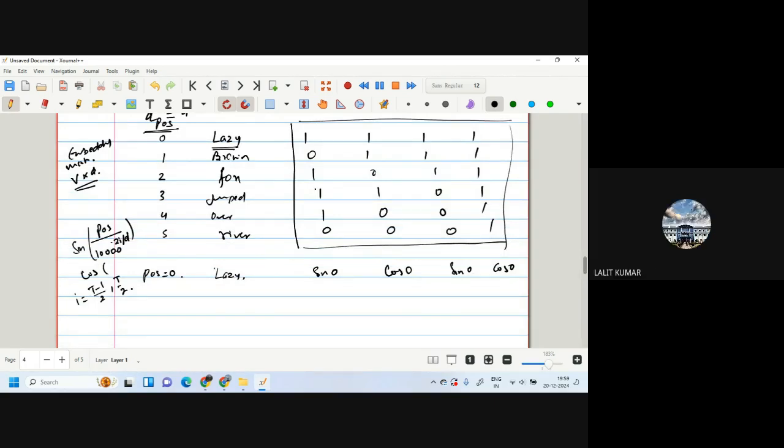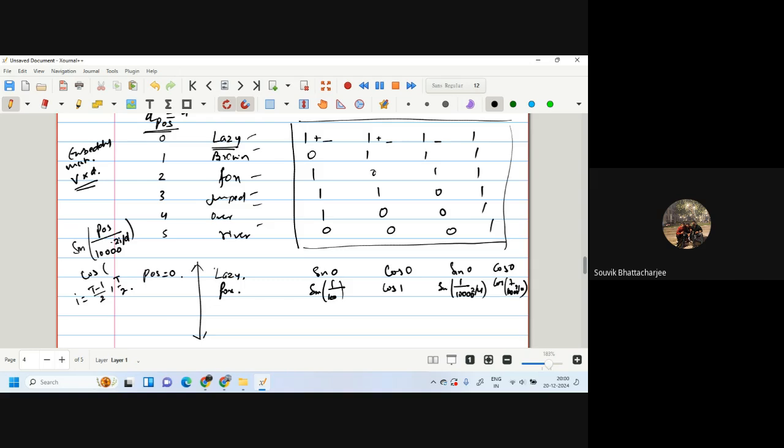And then, for example, we find it for fox. So this will become sine of 1 over 10,000 to the power 0, that is sine 1. Here it will become cos of 1. Here it will become sine of 1 over 10,000 to the power 2 by 4, and this will become cos of 1 over 10,000 to the power 2 by 4. So we find all this for all 6 tokens, and then whatever values come, we add those values to the embedding matrix.